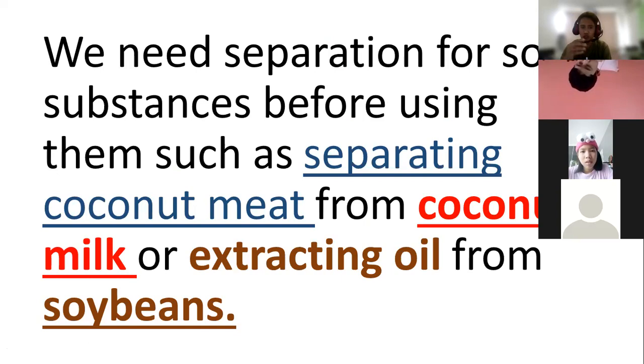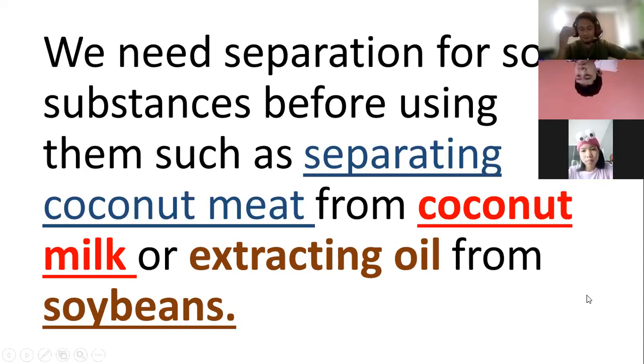So we need to separate some things so that we can use them properly. Do you understand? So again, for example, coconut milk, or extracting oil from soybeans. For example, from the soybean, we can get some oil. What is the oil that you are using at home? Cooking oil, no?